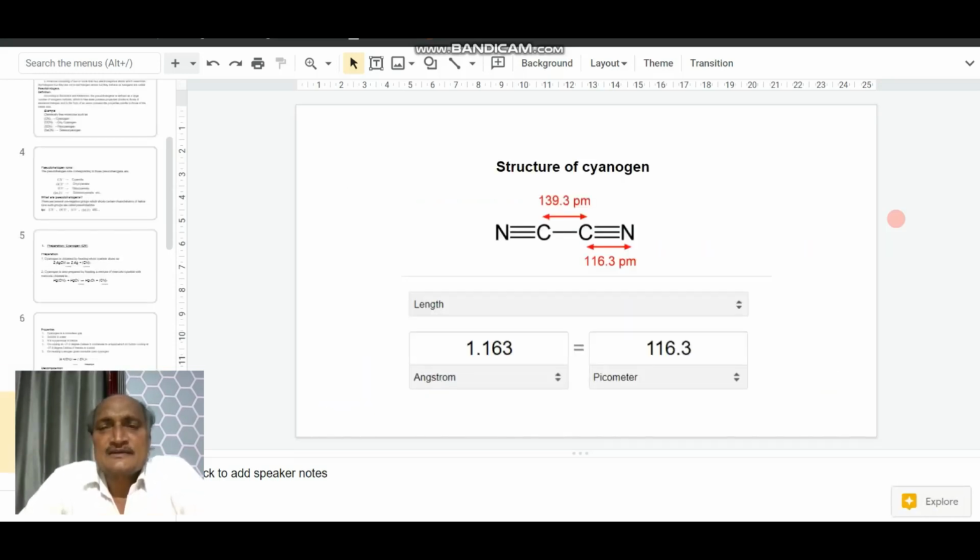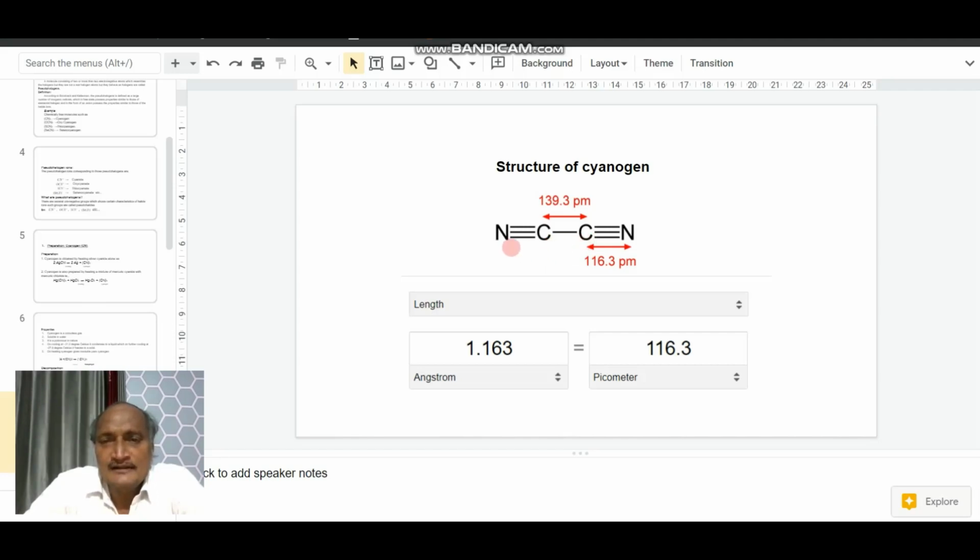Then coming to the structure of cyanogen. The following structure indicates the cyanogen molecule, that is (CN)2.